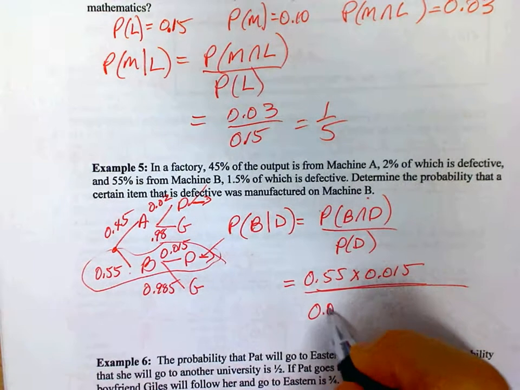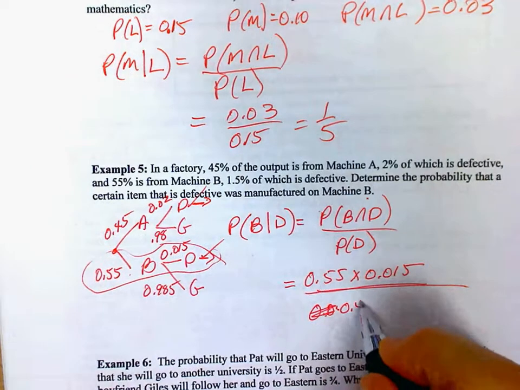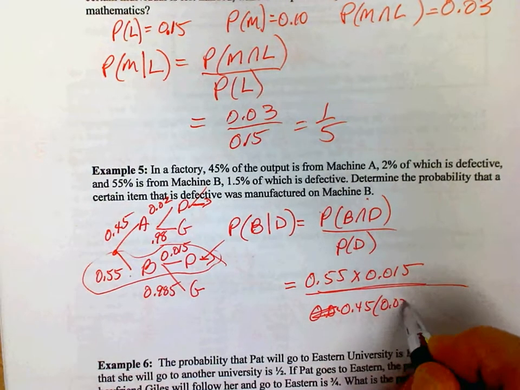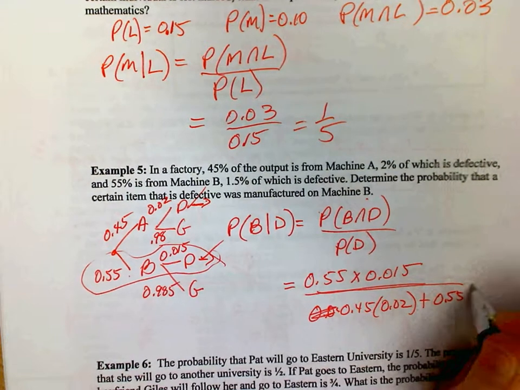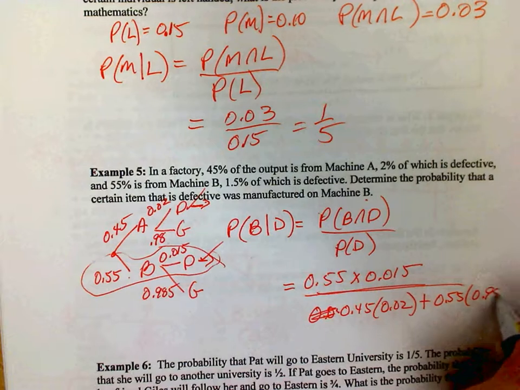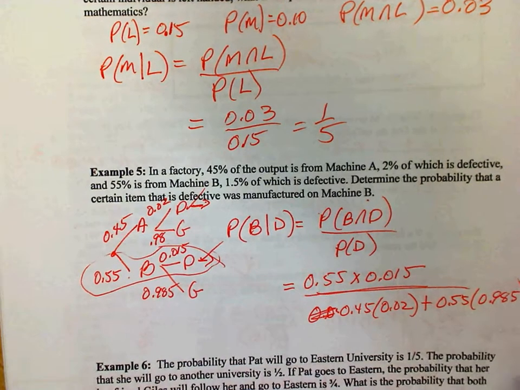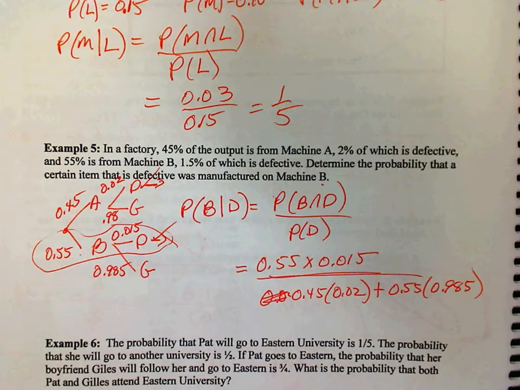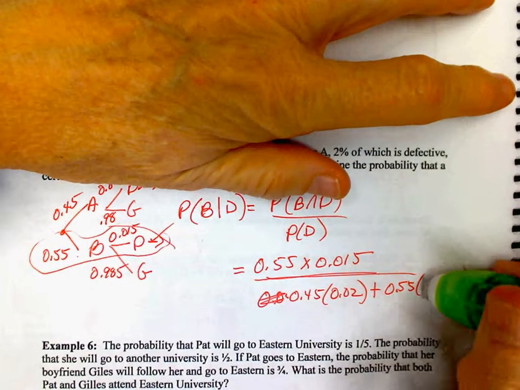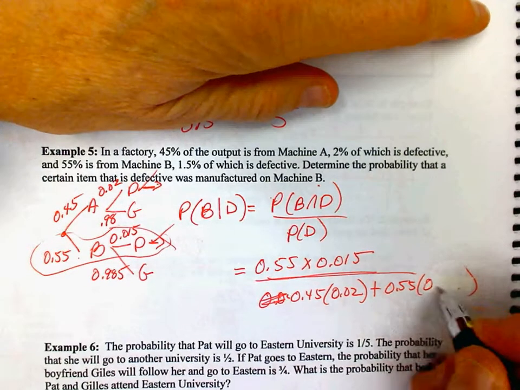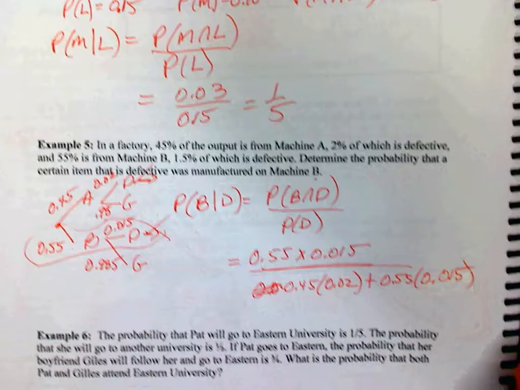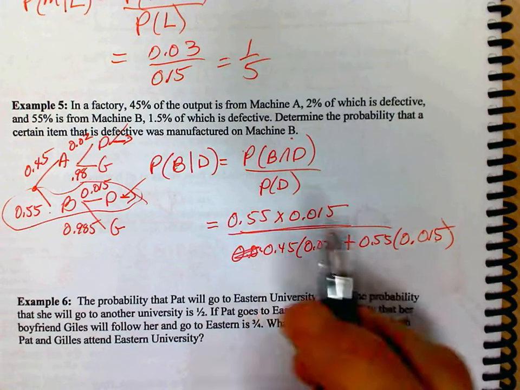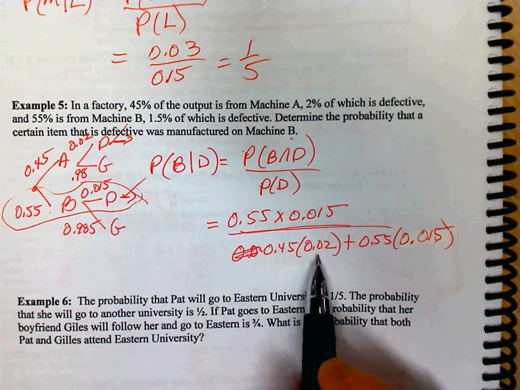Uh-oh. No, I picked up the wrong one. It should be 0.015. So we get, this should, so 0, that's right, and that's right.